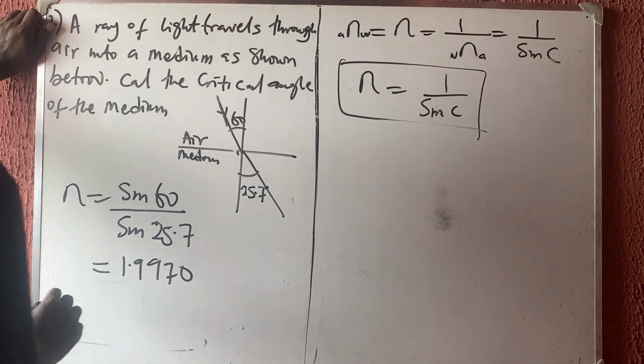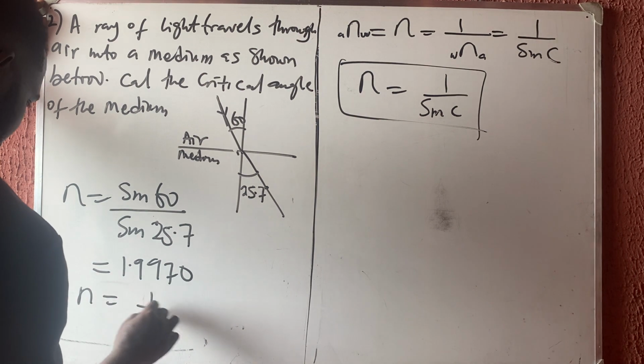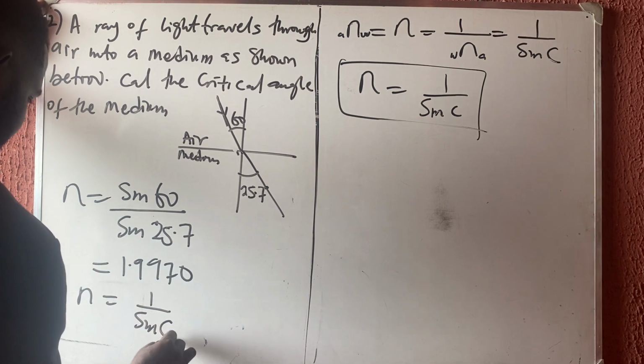But I know that my n is equal to 1 over sine critical angle.